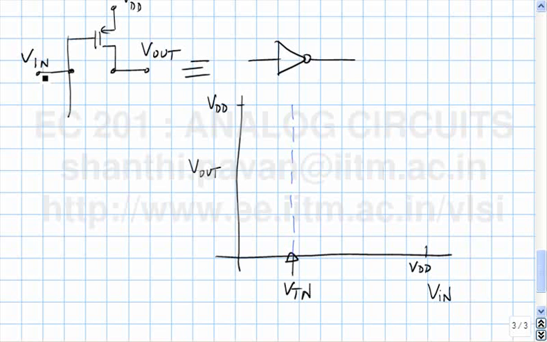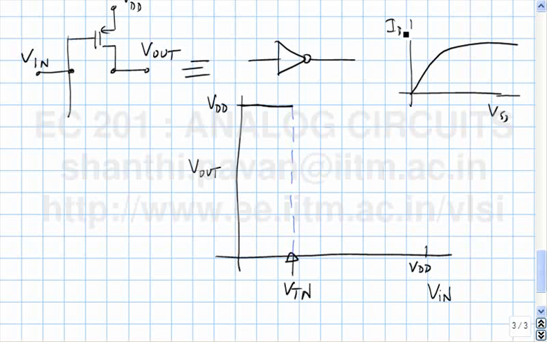The transistor wants to give current, but there is no path for the current to flow. Under this circumstance, the VDS of the transistor must be 0, which means that the output voltage has to be VDD. In other words, if you took a PMOS transistor and plotted its characteristics, this is VSD, this is ID.